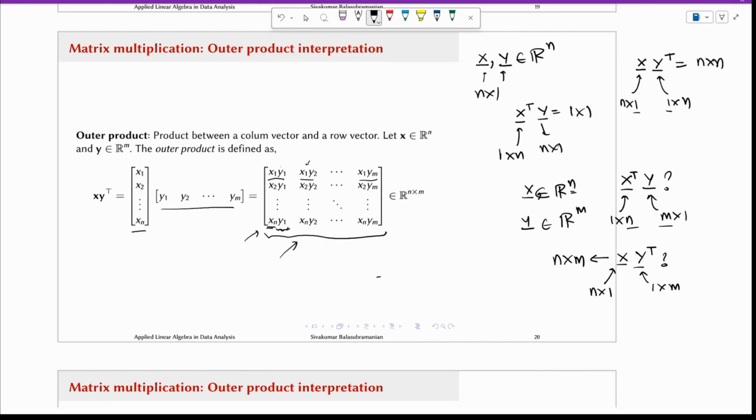So here, this is the column of X multiplied by y1. This is the column of X multiplied by y2 and so on and so forth. Another way to see it is the rows of the resulting matrix are scaled versions of the rows of Y. And the scaling for the rows is given by your X's.